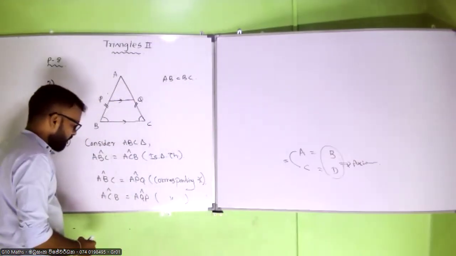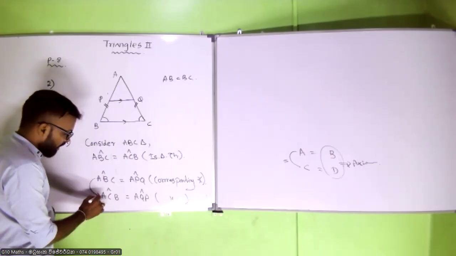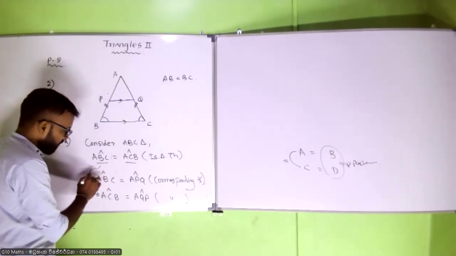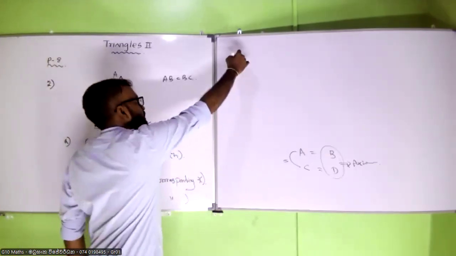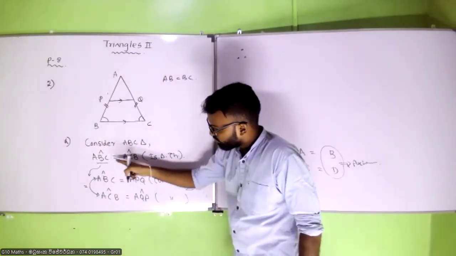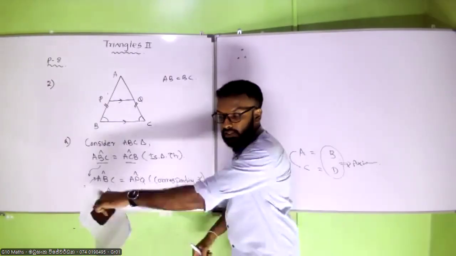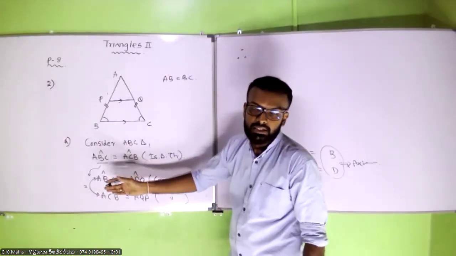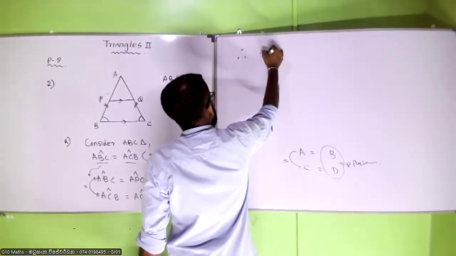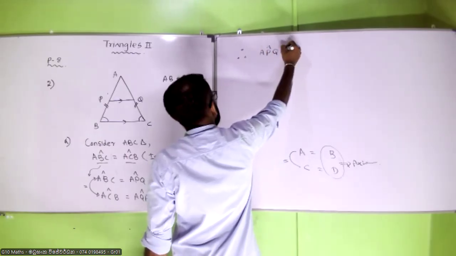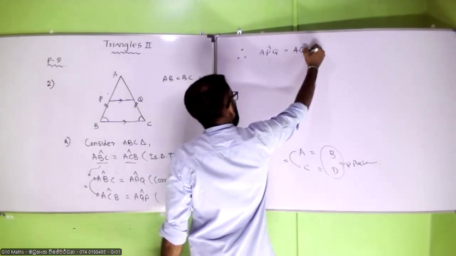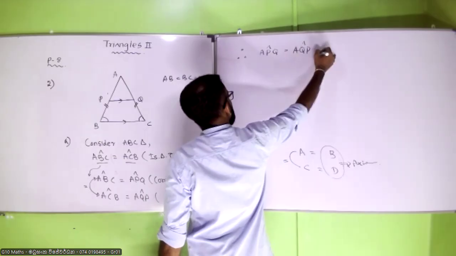We have shown that angle ABC equals angle ACB, so the left-hand side is equal, and therefore the right-hand side is equal. Finally, you can write angle APQ equals angle AQP.